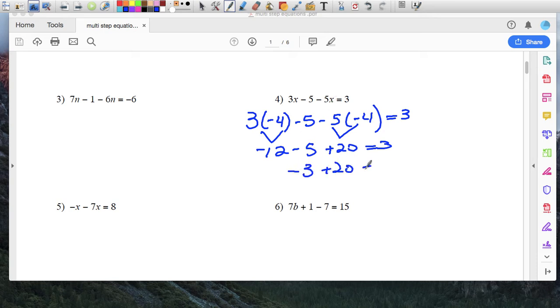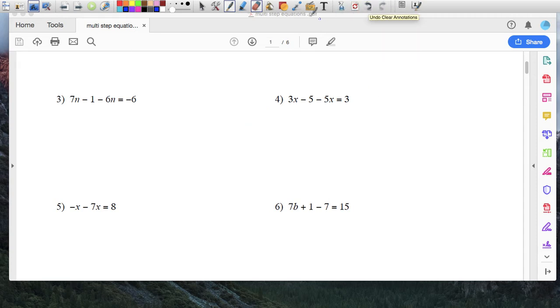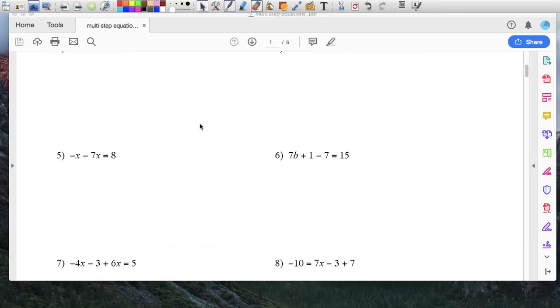Plus 20 equals 3, and you can clearly tell that negative 3 plus 20 is exactly, no, oh, here is my mistake. Negative 12 and negative 5 is negative 17. There's more positives, there's 3 more. So my answer is 3, and my left side equals my right side. I'm way too happy for Saturday morning.